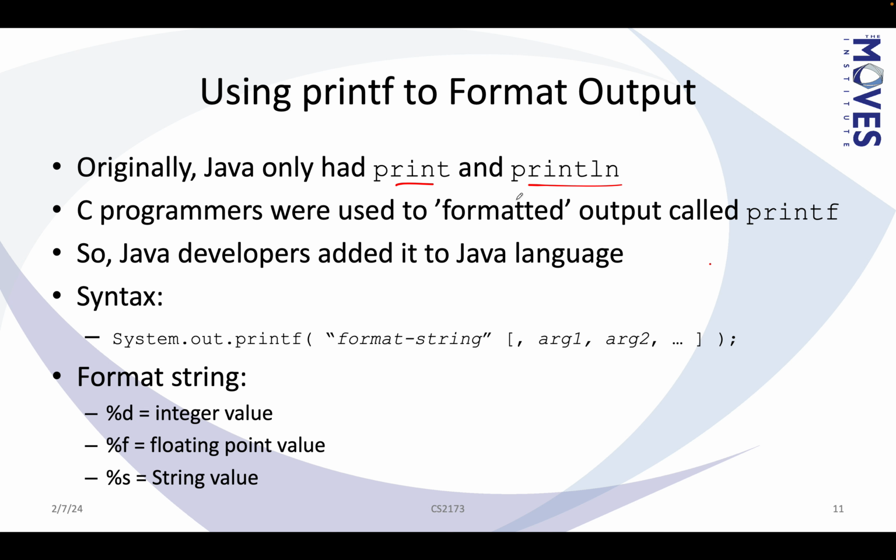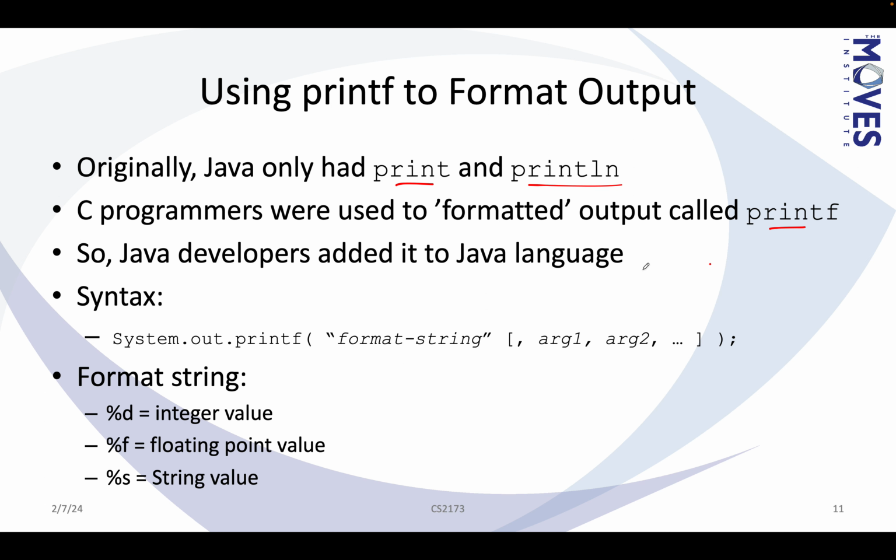And now the thing is that C programmers, especially the Java folk, wanted to kind of convert. They were used to a formatted output called printf. And so at some point, what's interesting, a lot of the features in Java, some of which are good and some of which are not so good, come in response to kind of the fan demands, as it were.